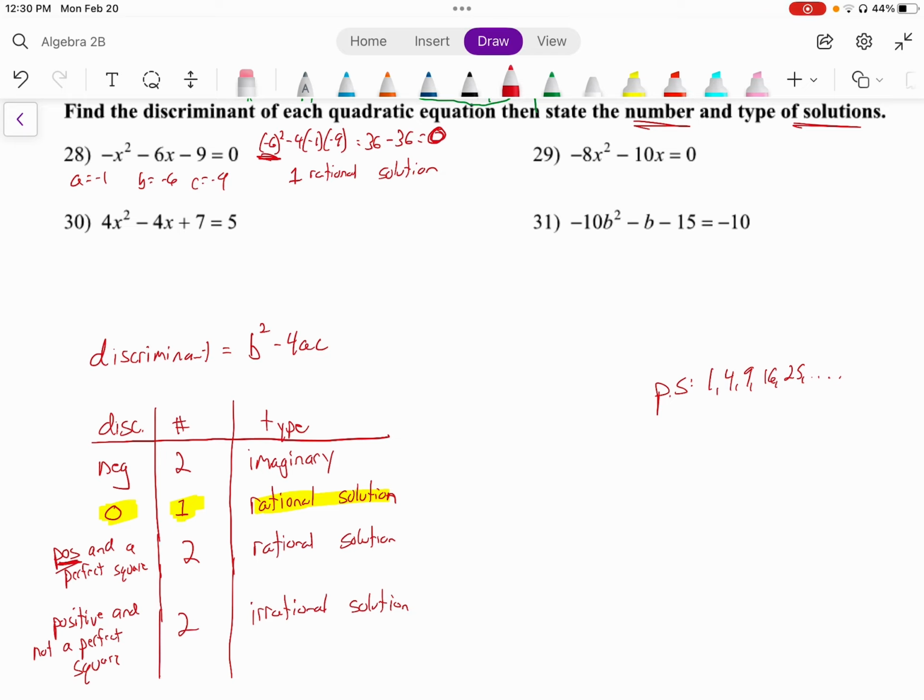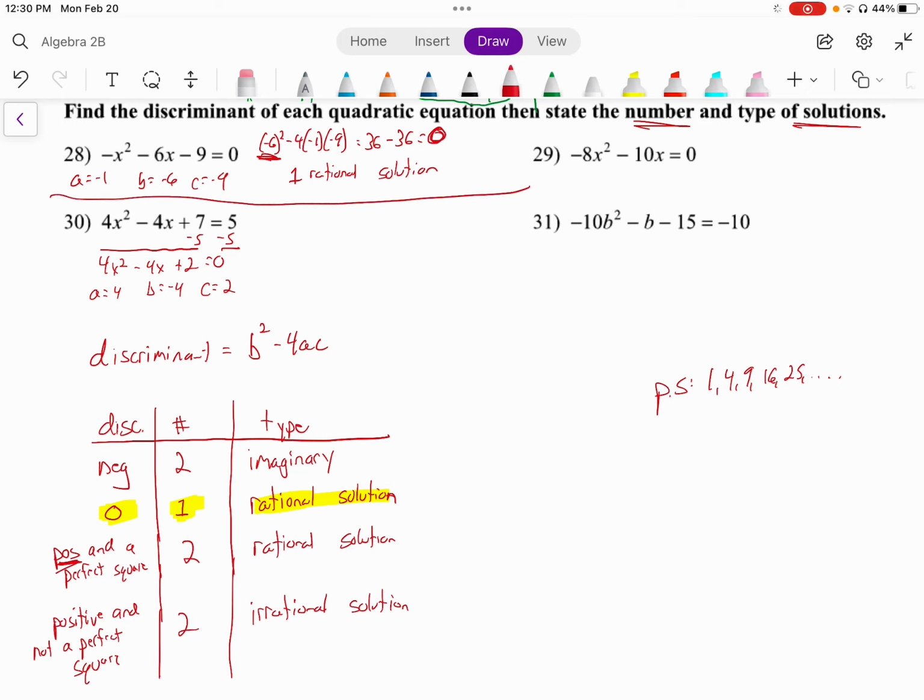All right, let's look at number 30. Number 30 is not in the correct form, so we have to subtract 5 from both sides. It must be in standard quadratic form. So this is 4x squared minus 4x plus 2 equals 0. A equals 4, b equals -4, and c equals 2.